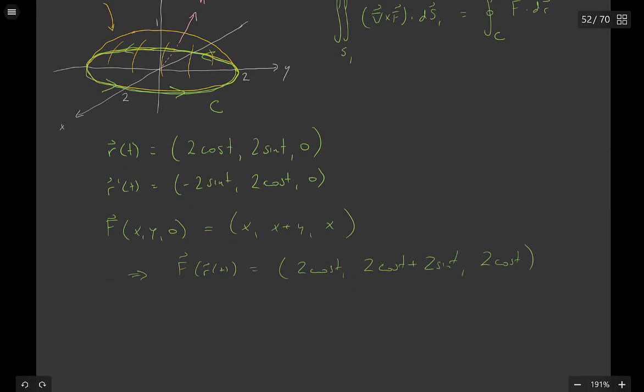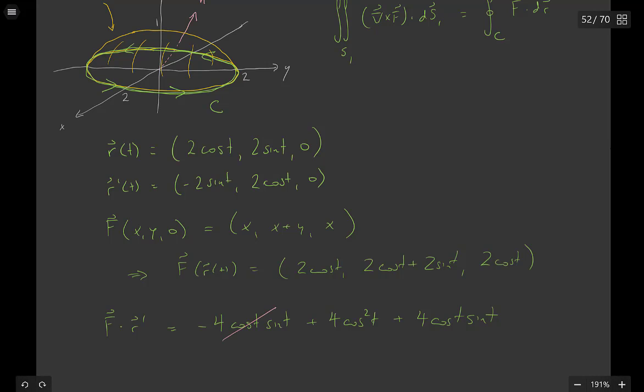Taking the dot product now between f and r prime gives me minus 4 cosine t sine t plus 4 cosine squared t plus 4 cosine t sine t. One of the z components is 0, so that just gives us a 0.